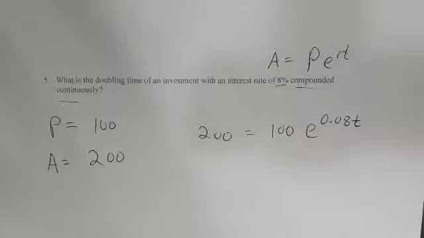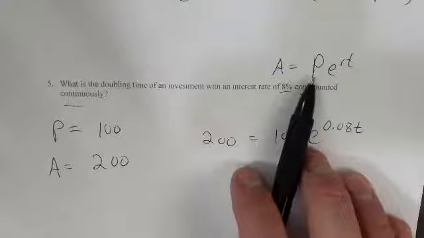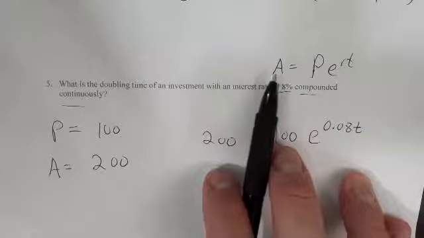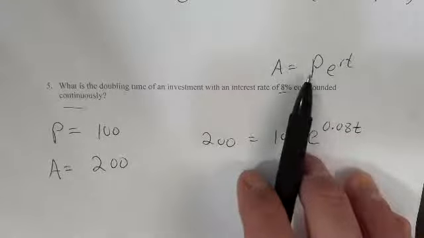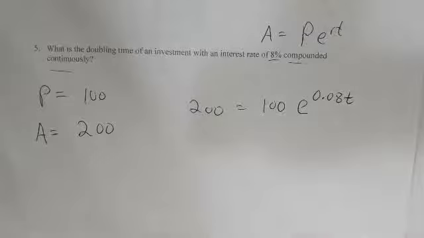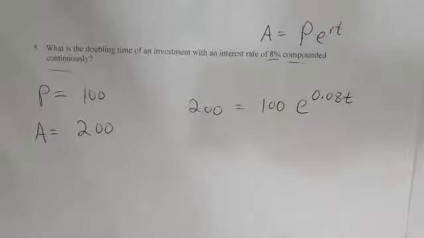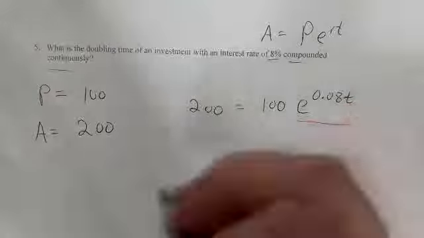If we look at this formula and recognize what's in it, this is the amount that I'm starting out with, this is the amount I'm ending with, and this is the factor that I'm multiplying by to get from here to here. So if we're solving this equation for t, the first thing we want to do is isolate our exponential, the natural exponential there. In order to do that, we have to divide by 100.